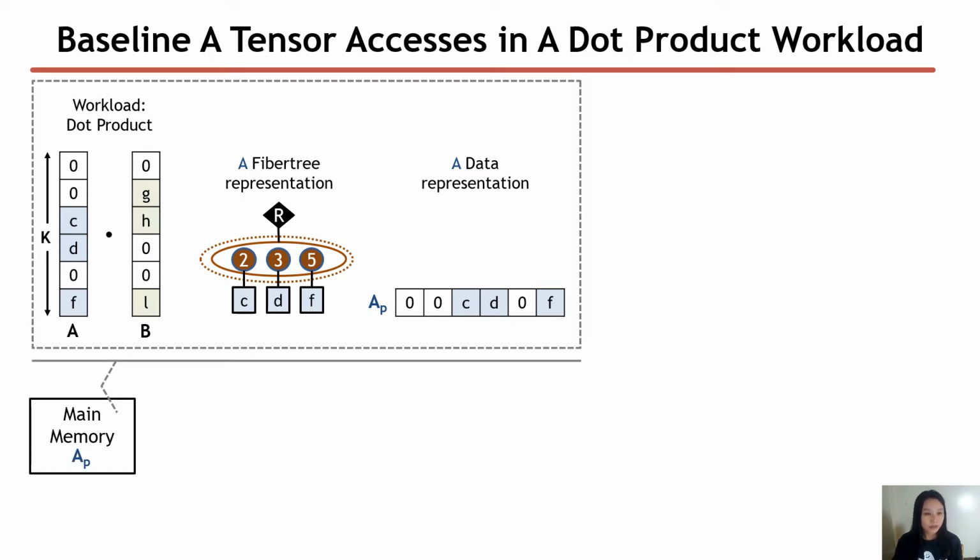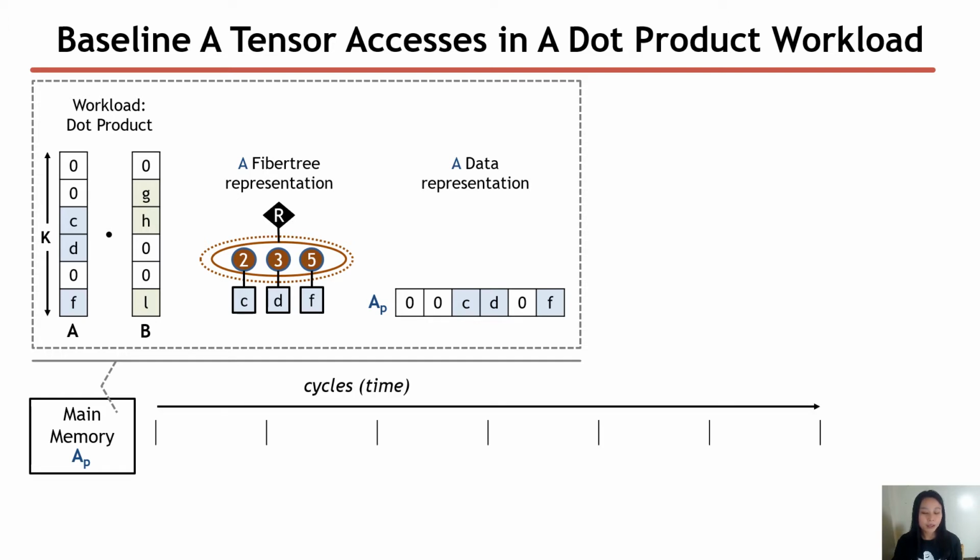Let's look at how in hardware we're accessing this payload A, and then we'll see how these different accesses have happened during this process. So we have this main memory which stores the A payload, and we want to look at the accesses to the storage across different cycles.